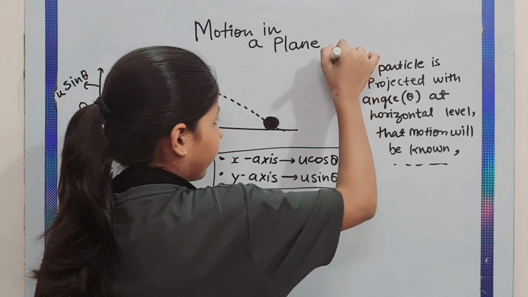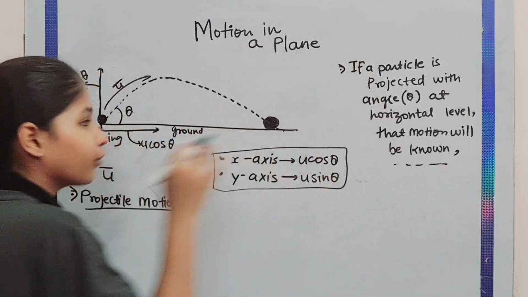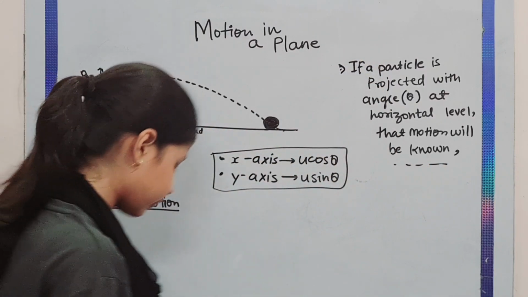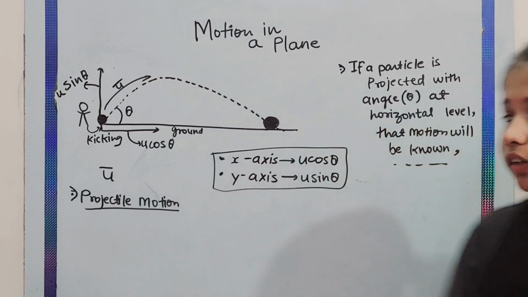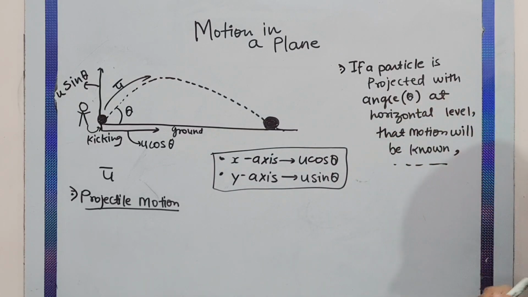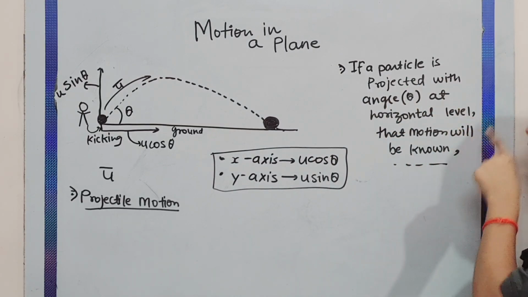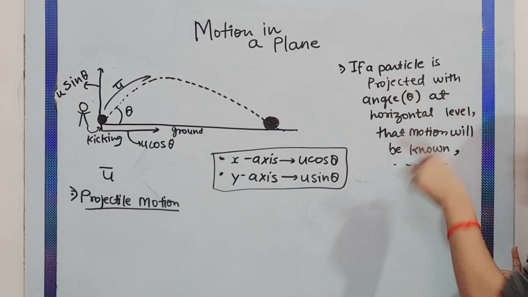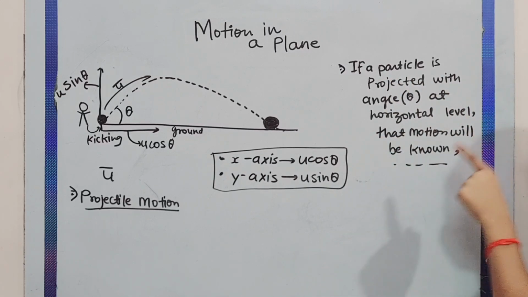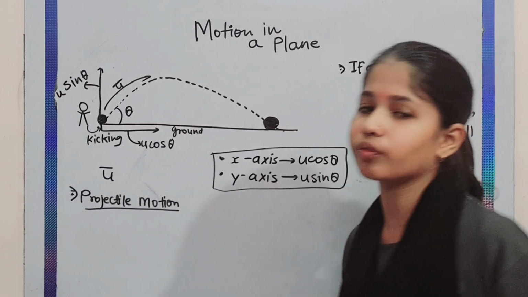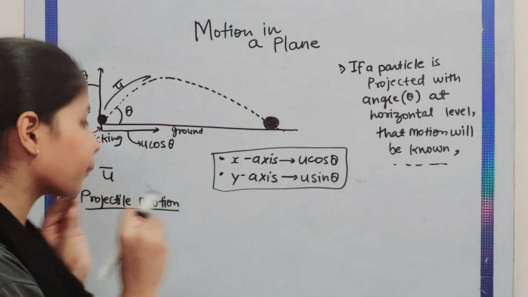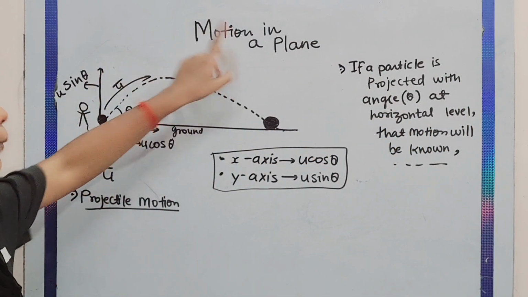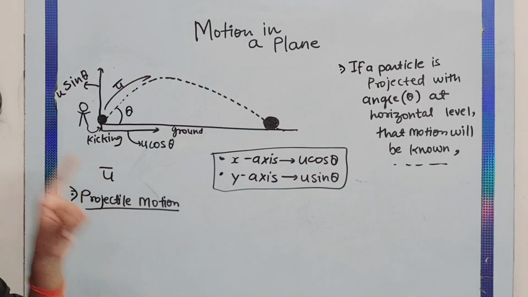So what is projectile motion? The motion in which a particle is projected with angle theta at horizontal level. If a particle is projected with angle theta at horizontal level, then that motion will be simply known as projectile motion. One more thing, projectile motion is also known as motion in a plane.